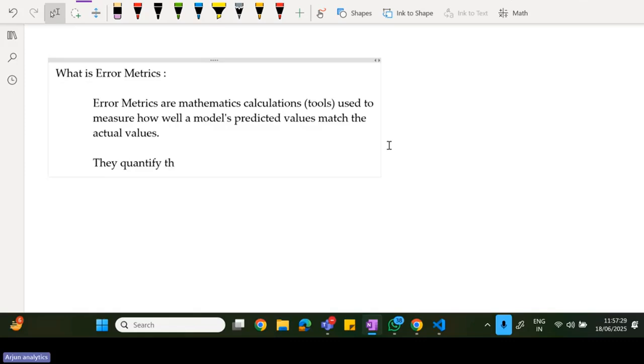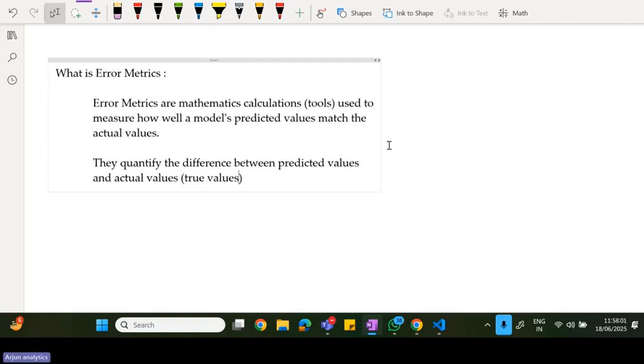They quantify the difference between predicted values and actual values. Actual values, sometimes we call them true values. So don't get confused. In a lot of cases you will see in the definitions, they will use true values.